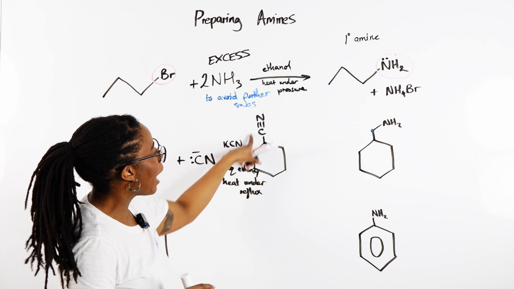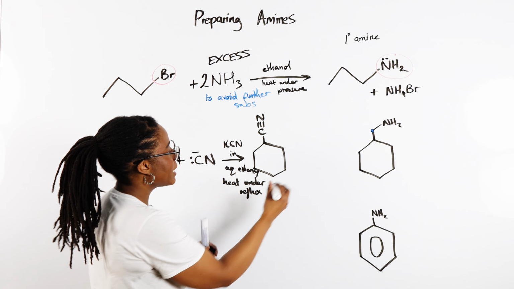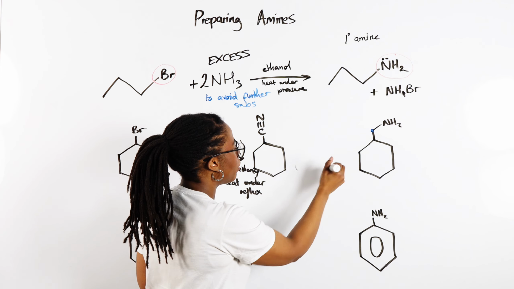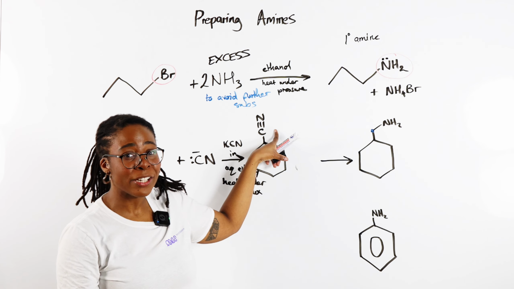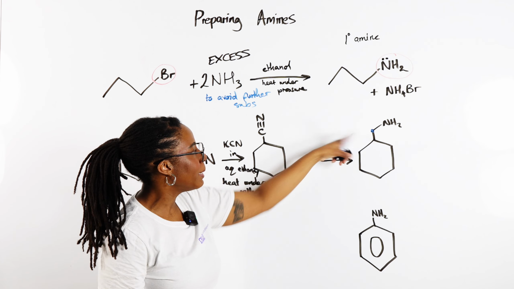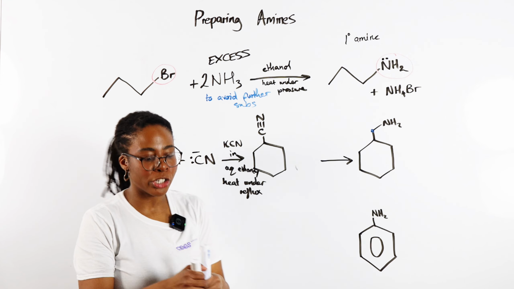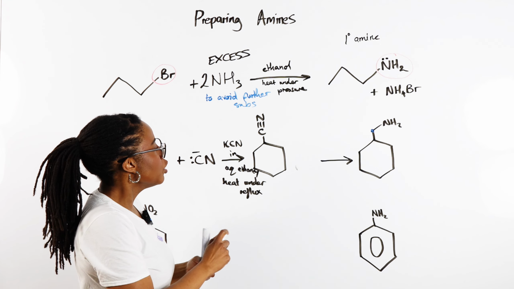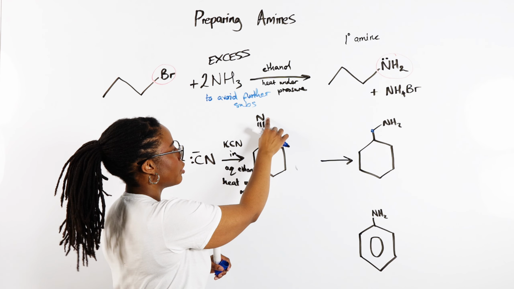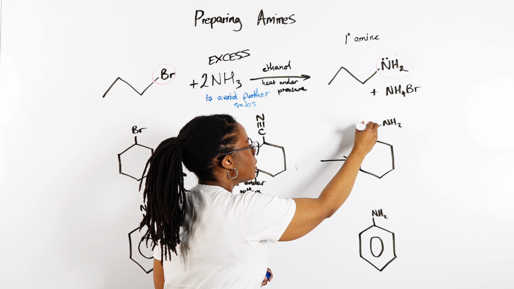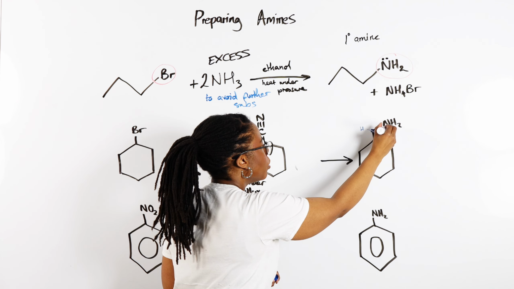So now we've got our nitrile, and we're trying to get from our nitrile to our amine. Again, hopefully you've spotted the only difference between our nitrile and our amine is that we've got some extra hydrogens in our final product. So we have added, of course, 2 hydrogens to the nitrogen, but we've also added 2 hydrogens to the carbon.